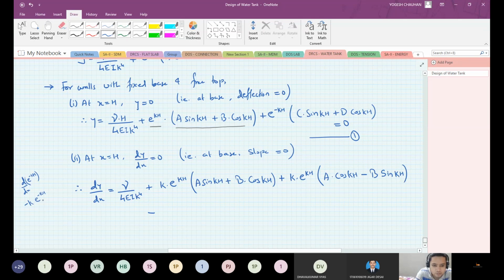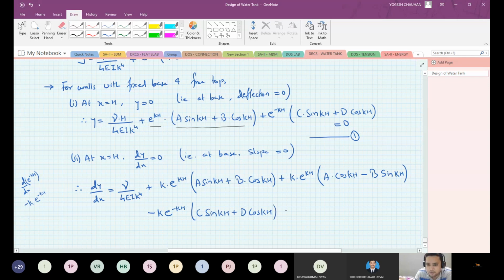In the same way, the differentiation of a sin kh will be a cos kh into k, and the differentiation of b cos kh will be minus b sin kh into k. So this becomes minus k e raised to the power minus kh, and this will be now c sin kh plus d cos kh.